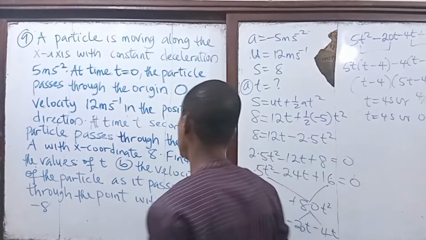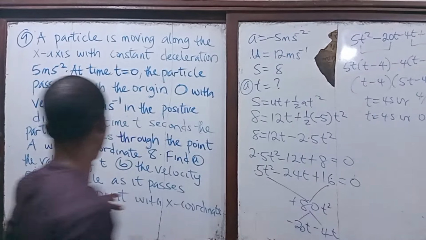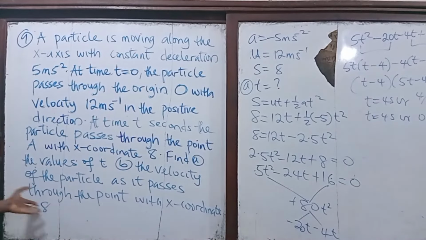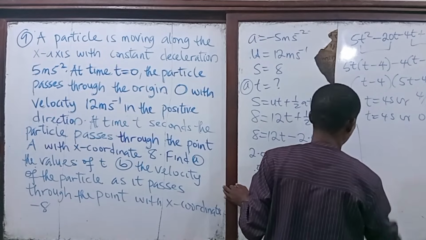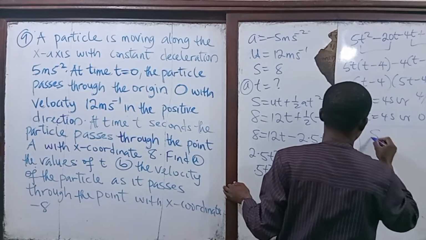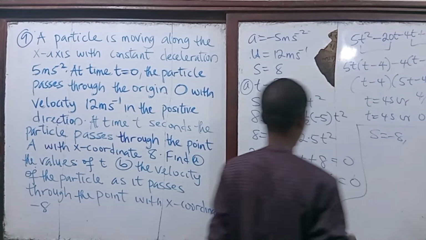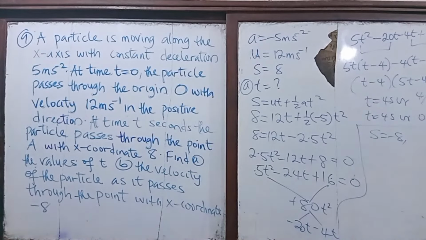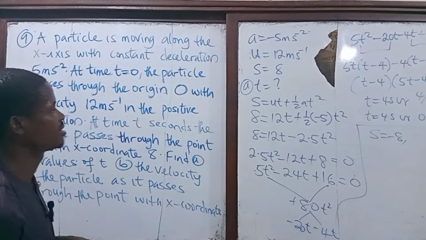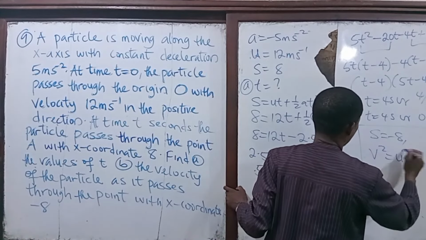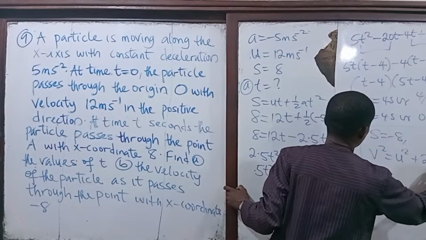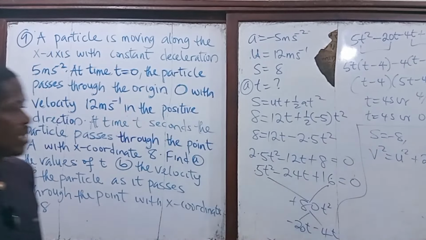Okay, let's see the b part. We want to find the velocity of the particle as it passes through the point with the s coordinate equal to -8. So we have x equal to -8, and the other parameters remain constant. So we can try v squared equals u squared plus 2ax. We're looking for the velocity.